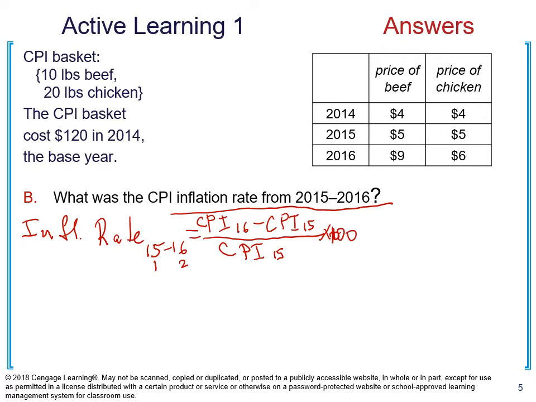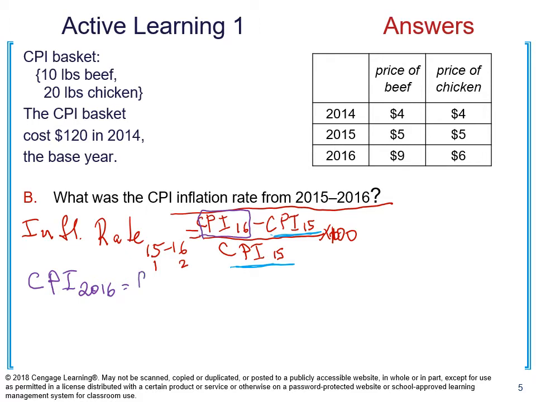Now we're going to look at the formula and see what variables we're missing. Remember, in the previous PowerPoint slide, we calculated CPI for year 2015. We already know that number, but we don't know CPI for year 2016. So this is what we need to calculate. I'm going to take another step over here and write down the formula. CPI for year 2016.